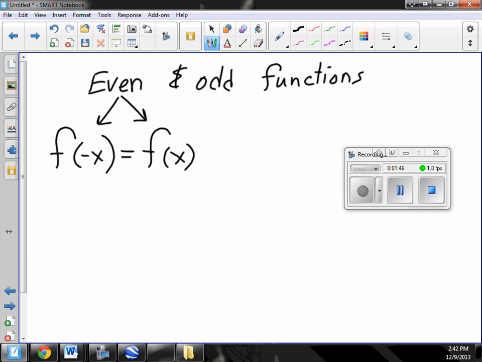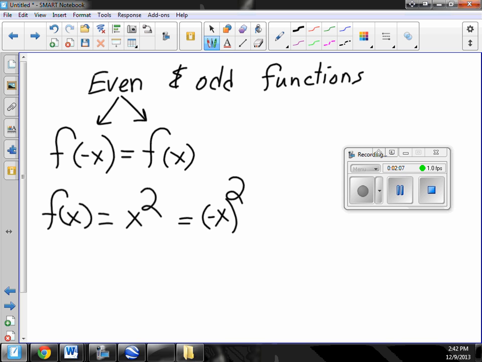So here's the principle. f of x is equal to x squared. What's the difference between x squared and negative x squared? They're the same.